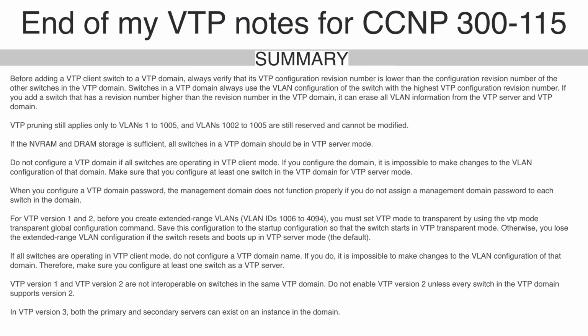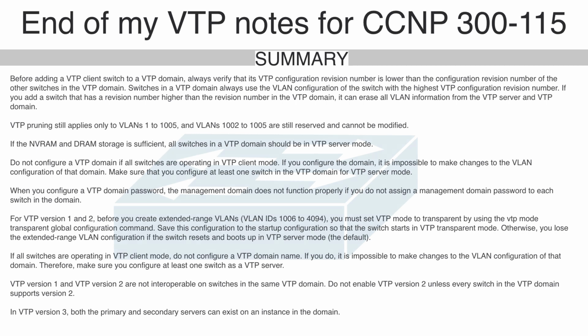Before adding a VTP client switch to a VTP domain, always verify that its VTP configuration revision number is lower than the configuration revision number of the other switches in the VTP domain. Switches in a VTP domain always use the VLAN configuration of the switch with the highest VTP configuration revision number. If you add a switch that has a revision number higher than the revision number in the VTP domain, it can erase all VLAN information from the VTP server and VTP domain.